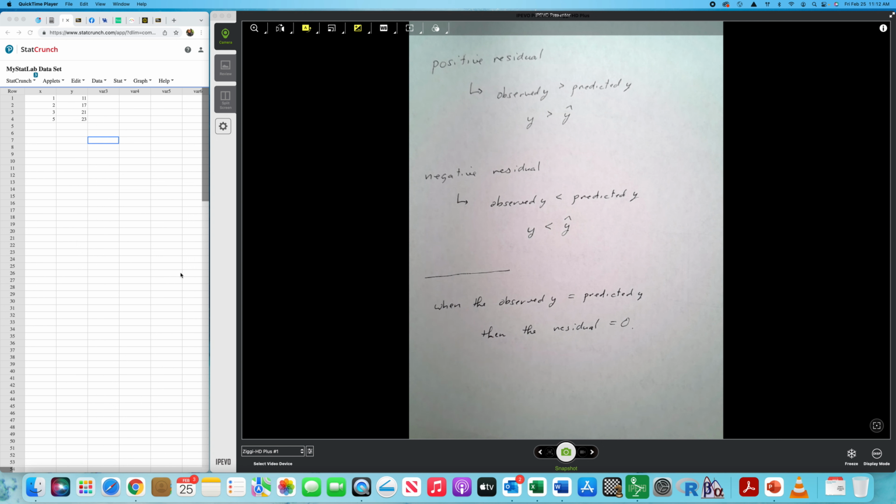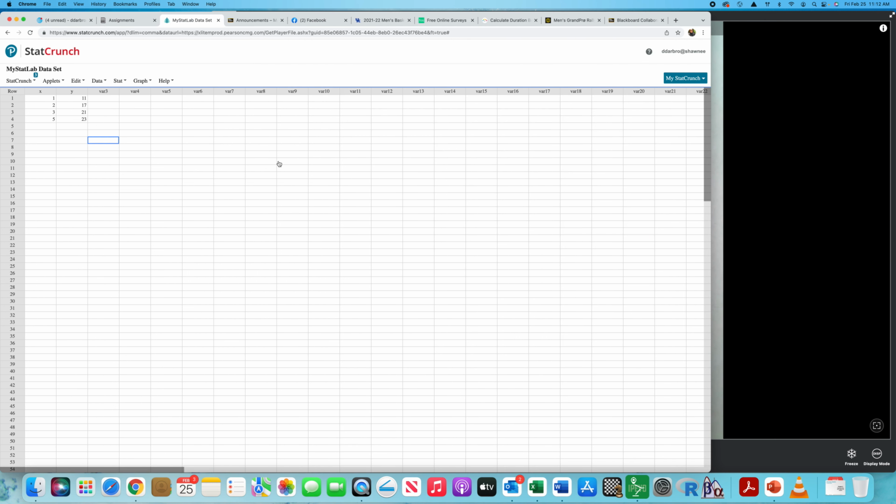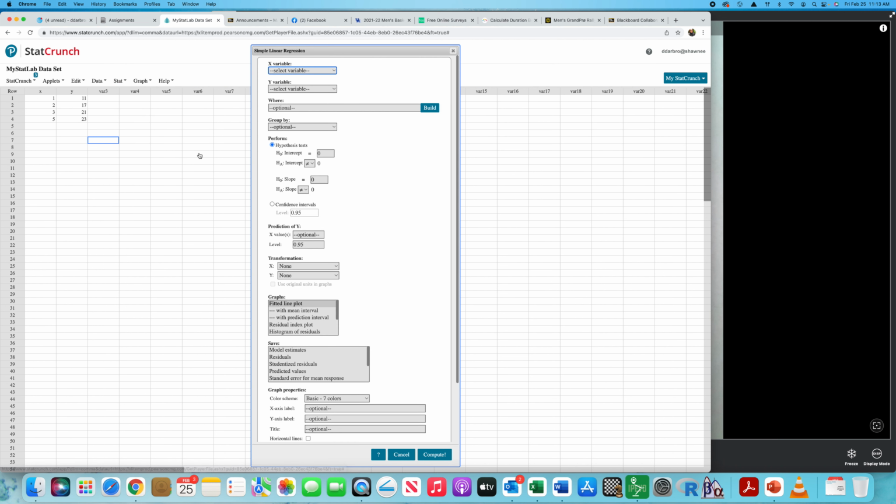Now, StatCrunch actually does all this stuff, which is kind of cool. So again, you can see I have the data in, right? And I can go to regression and go to simple linear regression. It's kind of cool when our variables are already listed as x and y. We don't have to think about it much.